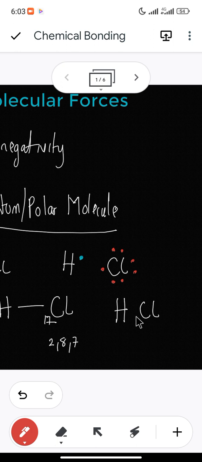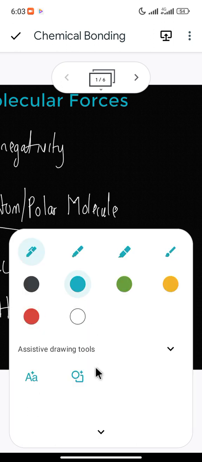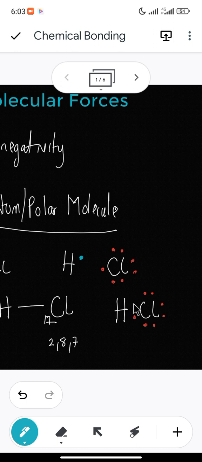There's going to be sharing of electrons, 1, 2, 3, 4, 5, 6, 7. Then the one from hydrogen is going to be here. So as we said last time, hydrogen now has a complete duplet structure because the first shell contains 2. Chlorine has a complete octet structure, which is 8.